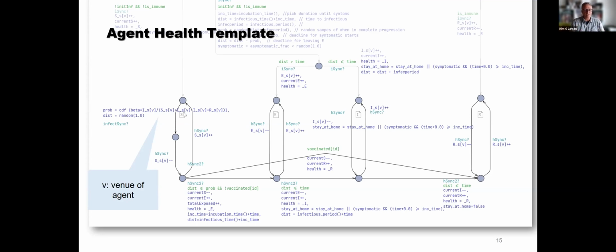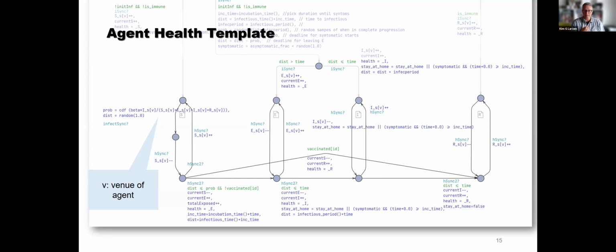So every 4 hours, a certain probability is computed for each individual of moving to the next phase. And where does that probability come from? Well, it comes from calling this CDF with these parameters here. And what you can see here is the number of infected, the number of susceptible, and so on, at that particular venue.